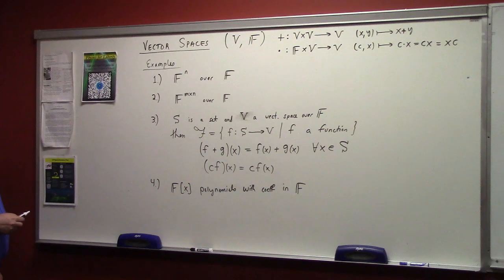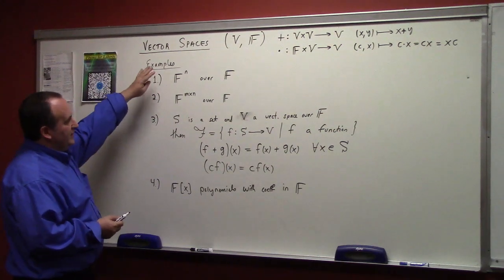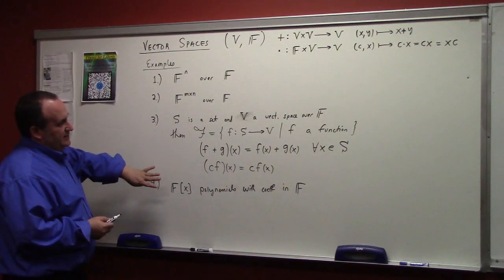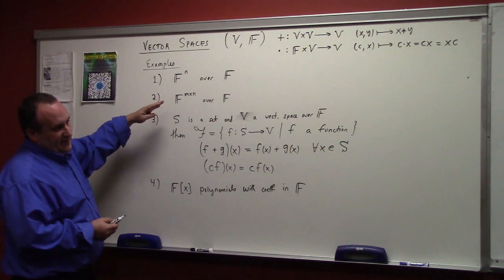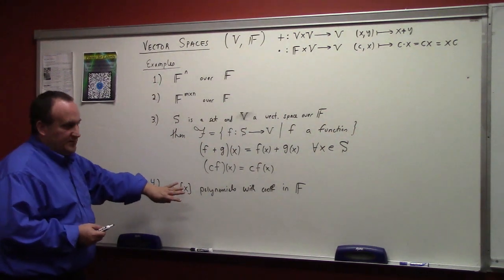Now I forget how much field theory you know. Have you had abstract algebra too? Yeah. Okay, so also, generically speaking, anytime you have a vector space over a field, you can also view that vector space as a vector space over any subfield of that field.